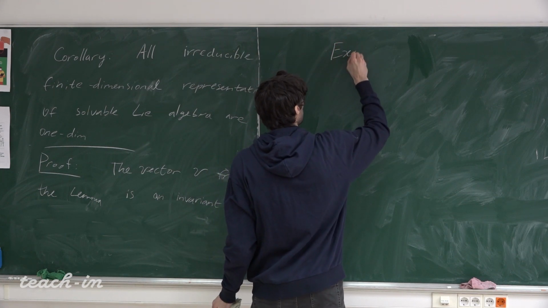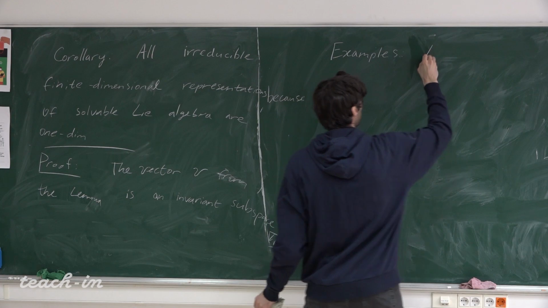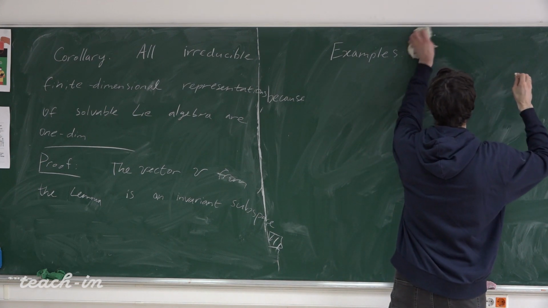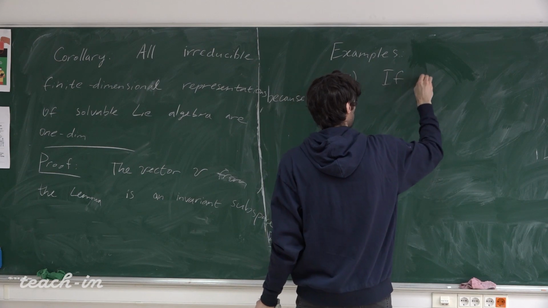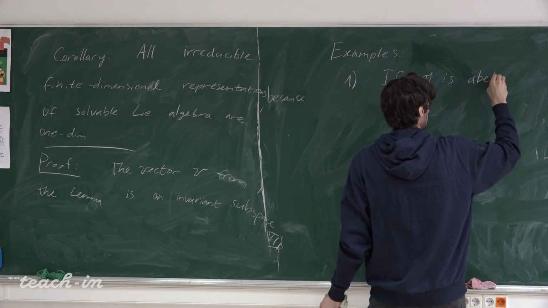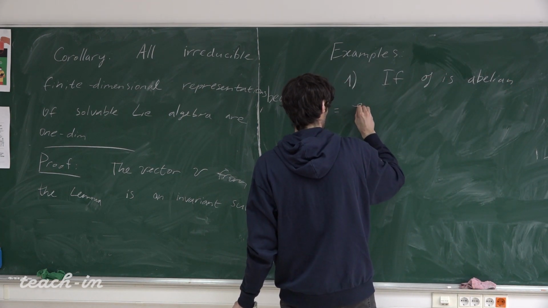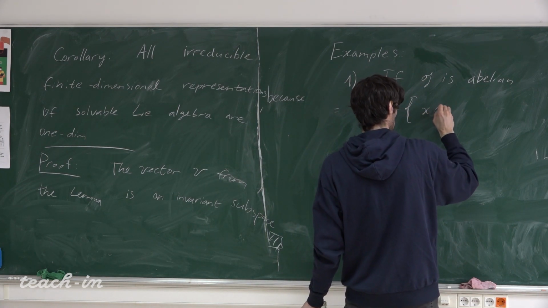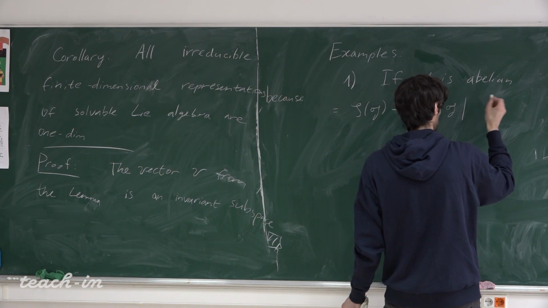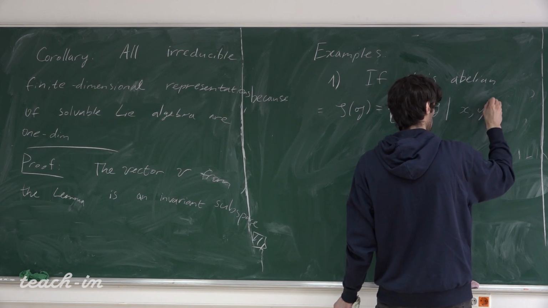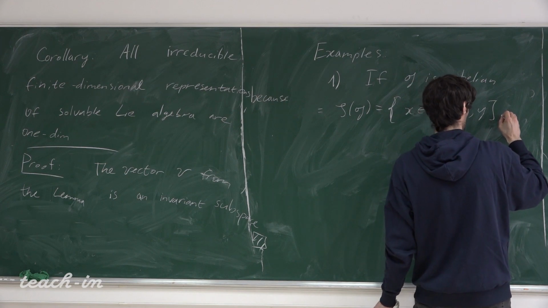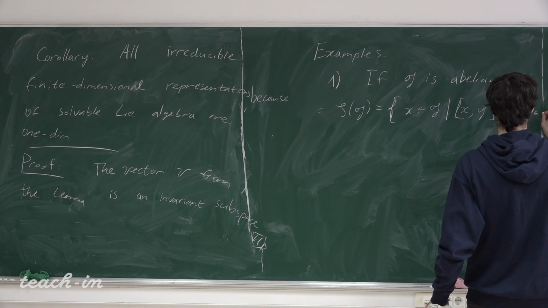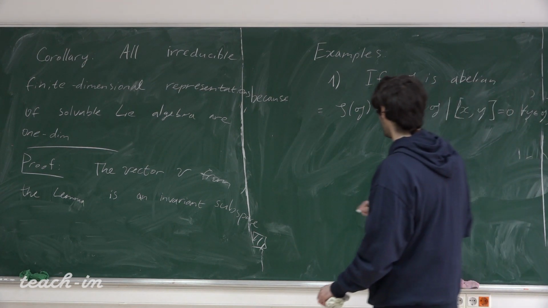So examples. So abelian: first, if G is abelian, then the center of G. Center means all x in G such that x commutes with y for all y in G, right?